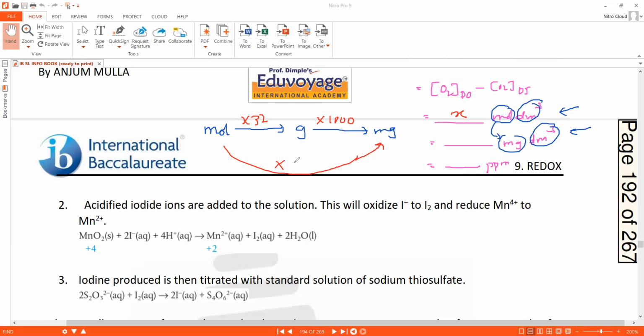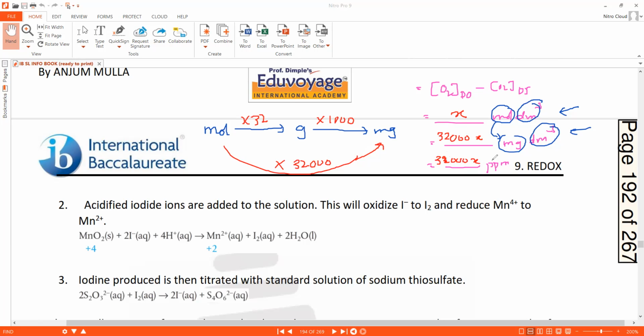Multiply by 32,000. So this will be 32,000 x milligram per decimeter cube, and this will be 32,000 x ppm. Okay, so whatever answer you get in mole per decimeter cube, multiply by 32,000.